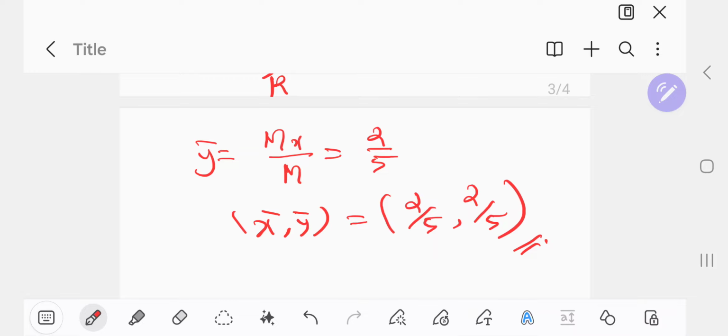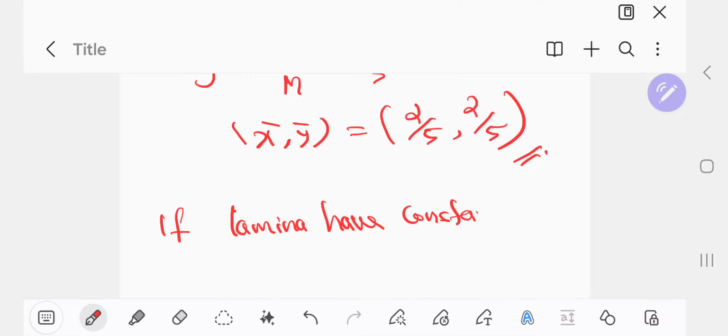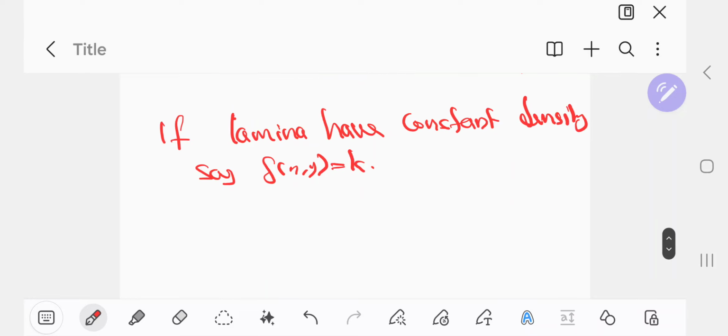Then there is a special case. If the lamina has constant density, say delta of xy equal to k, then what will be the mass?